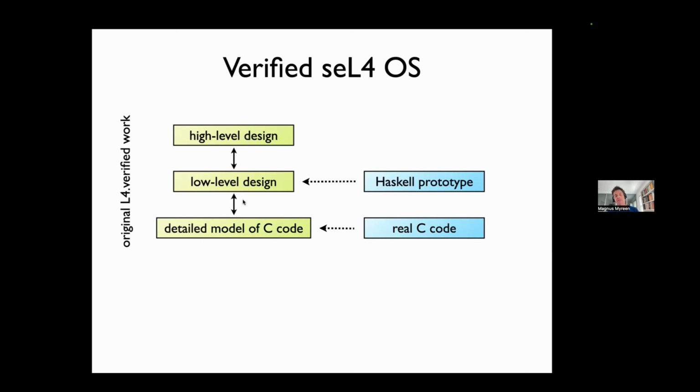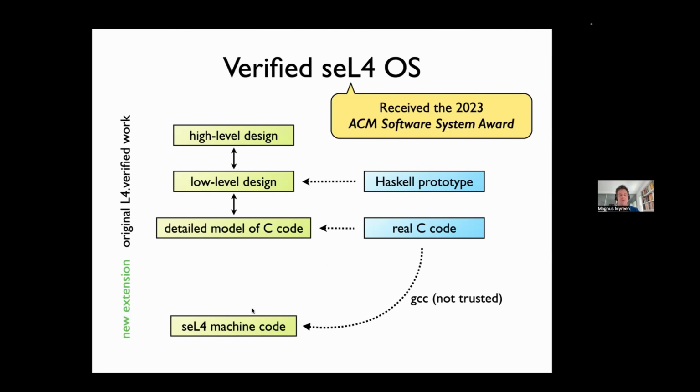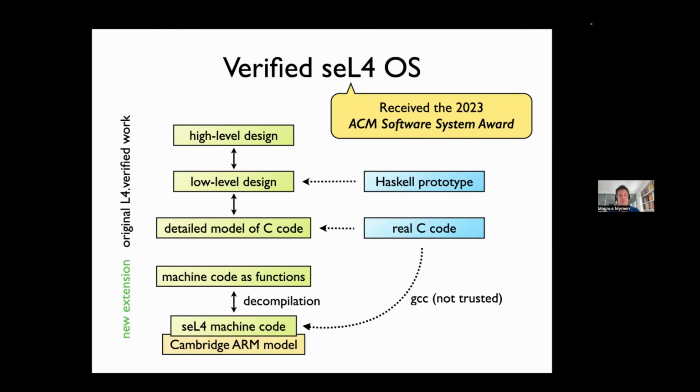But what they didn't have at the time is any formal connection to the ARM machine code that is generated from the C code. So in a collaboration between me and them, we put in the Cambridge ARM model underneath, and then we used my decompiler to get up to an intermediate point.